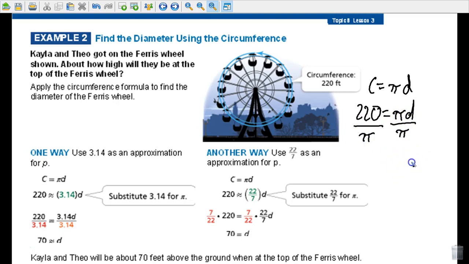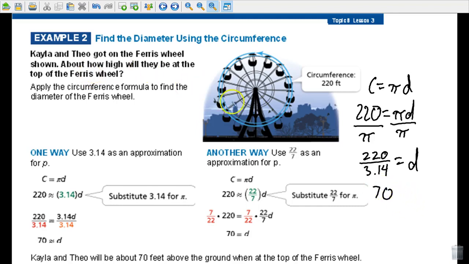So d equals 220 over 3.14. Now we get our calculator. 220 divided by 3.14 equals roughly 70.